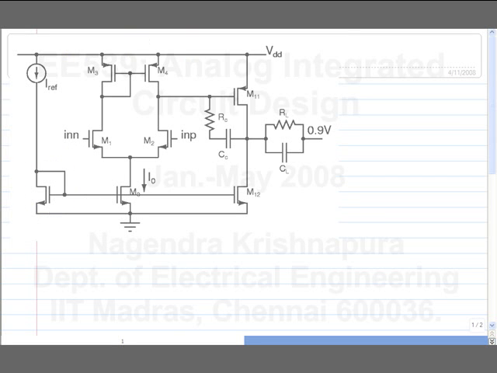How will we ensure exact current mirroring? What is the problem with the current mirroring the way it is now? VGS is the same, but VDS is different. So if we want to make VDS also the same, what do we have to do?